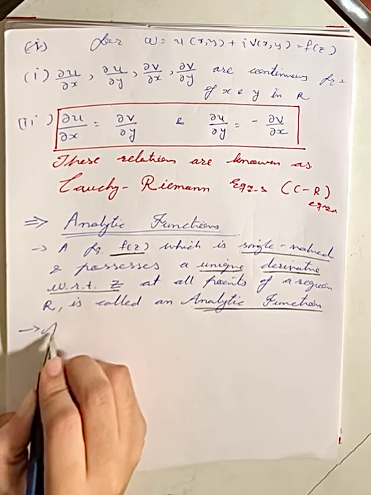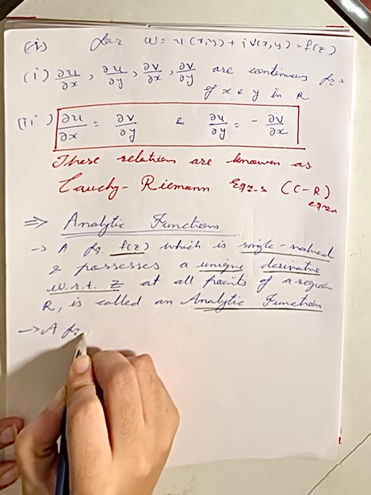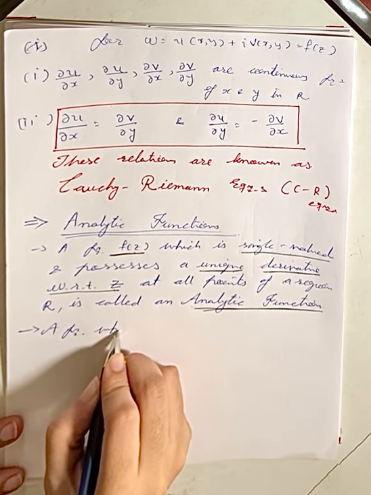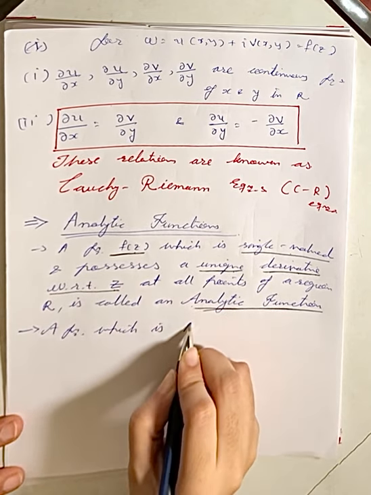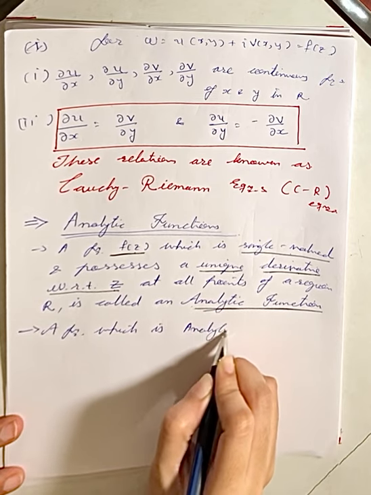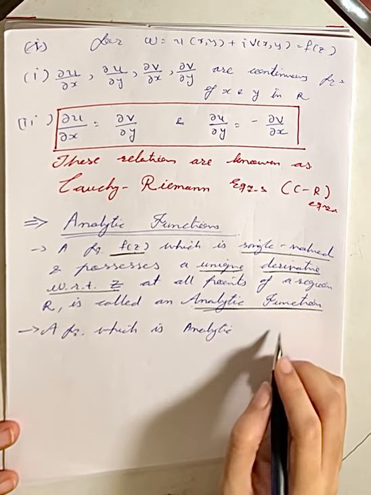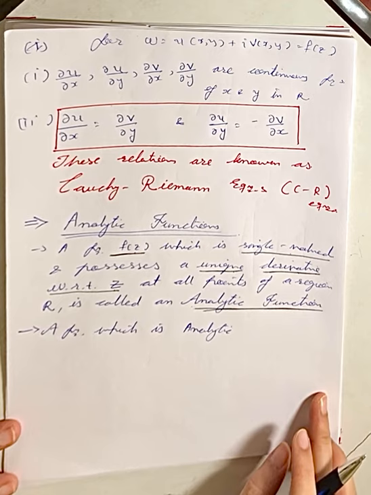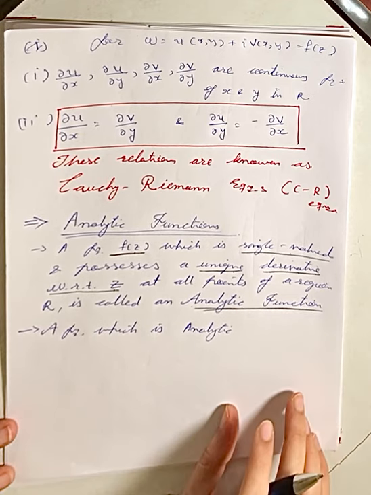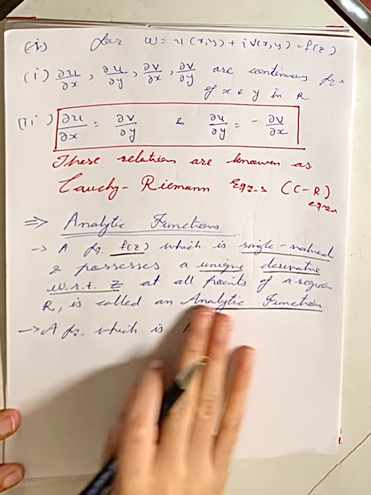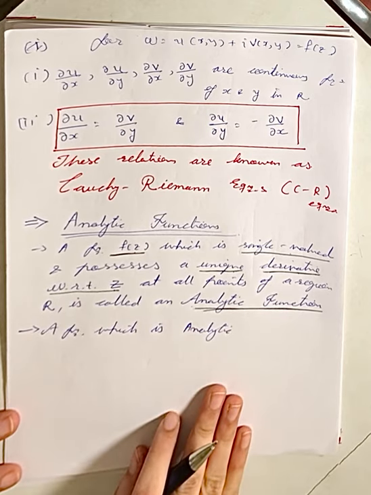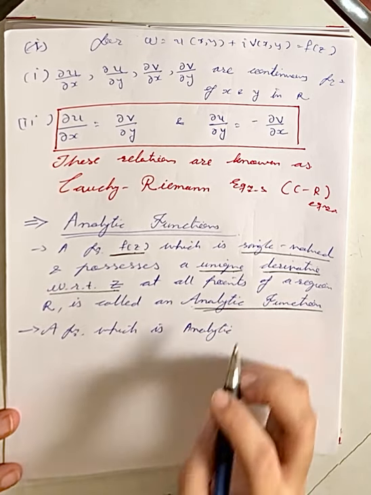A function which is analytic everywhere in the complex plane. So you have a complex plane and you have a function which is analytic in the whole complex plane, then such a function is called an entire function.